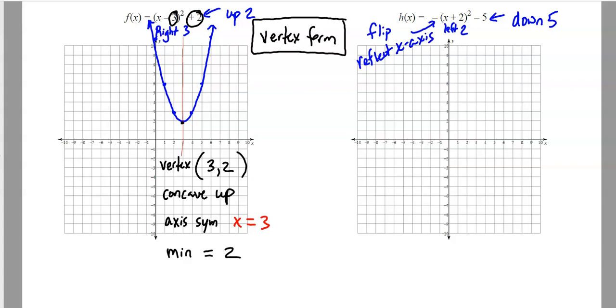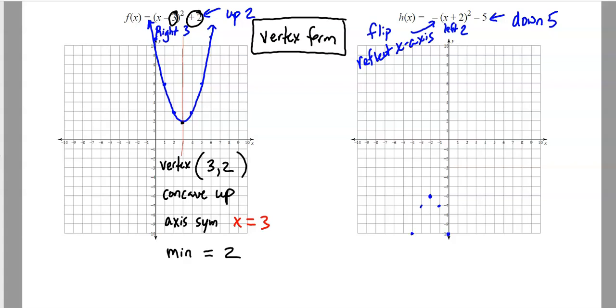So let's kind of do this. So our parent function, it's going to shift 2 to the left, down 5, which would be right here. And then since it's reflected, it's actually going to flip down. It's going to open down. But I'm still playing the game. I'm still playing the 1 to 1, over 2, down 4, over 2, down 4.